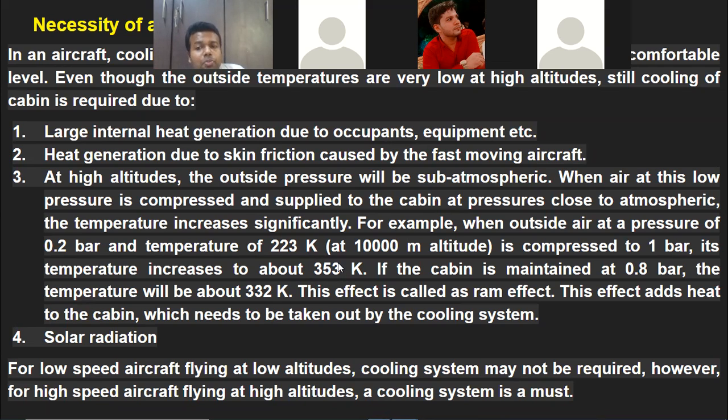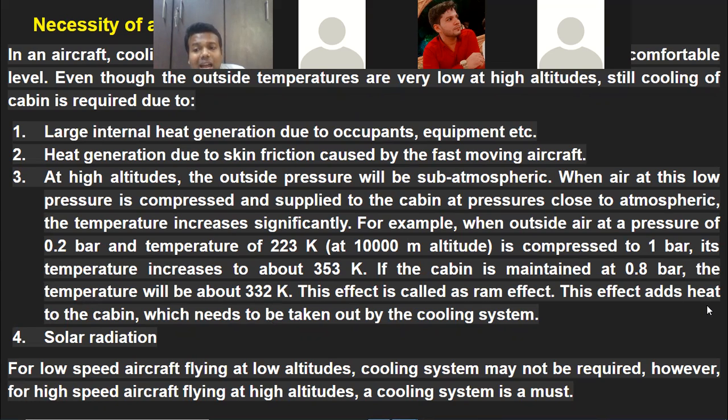When we increase the pressure, the temperature increases to 353 Kelvin. Now the pressure of the cabin is 0.8 bar, and when you supply this 353 to the cabin, the temperature becomes 332 Kelvin, and this effect is called the ram effect.